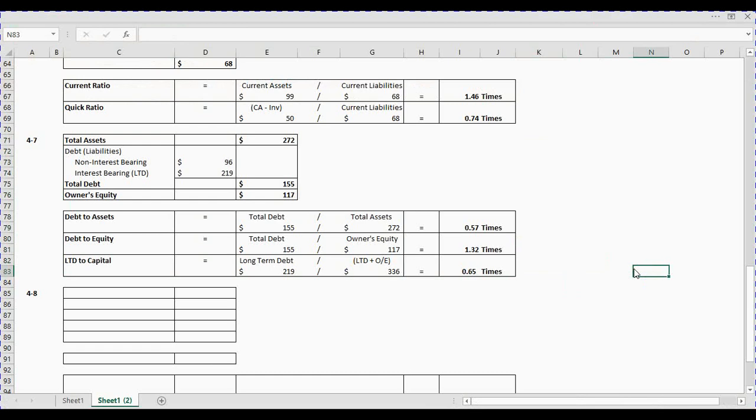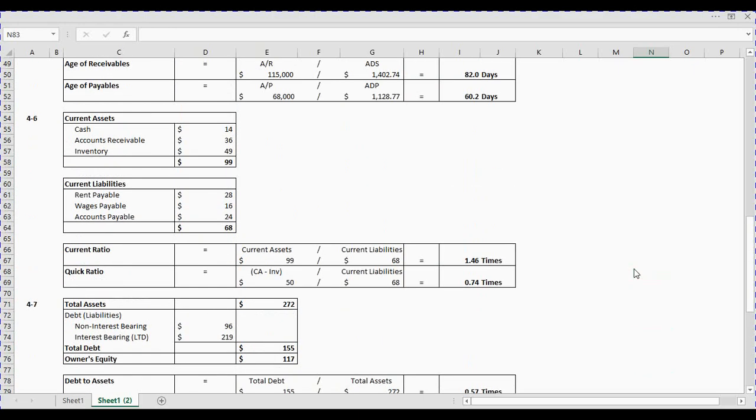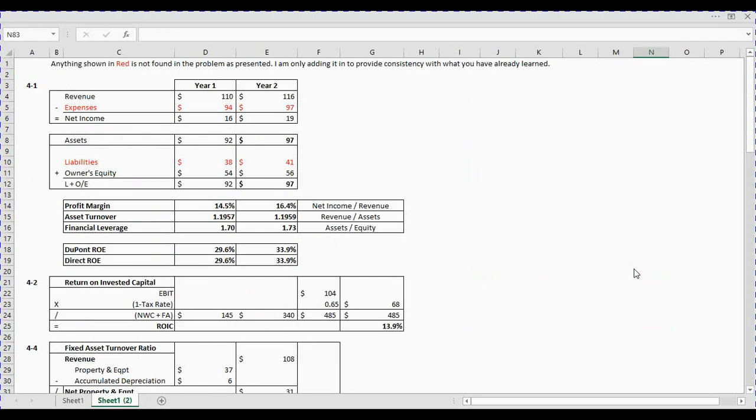All right, so now we're going to be looking at some leverage ratios. Way up here, we had a leverage ratio that I said was a little bit awkward or unusual because it has assets divided by equity.